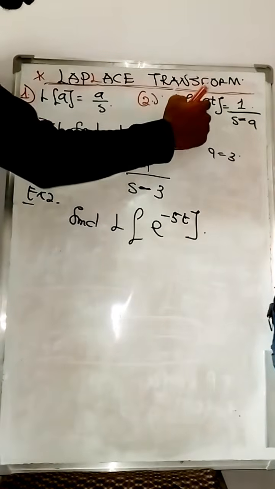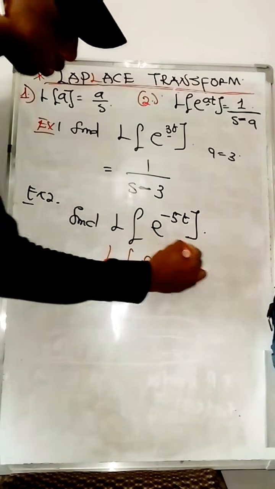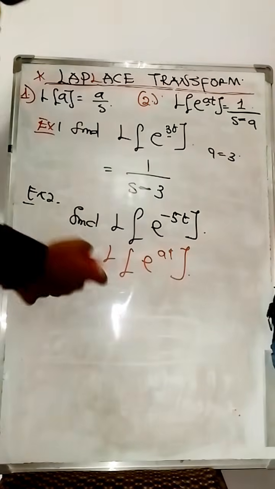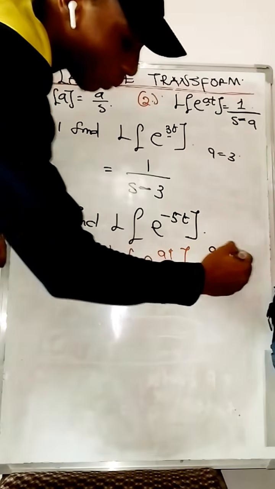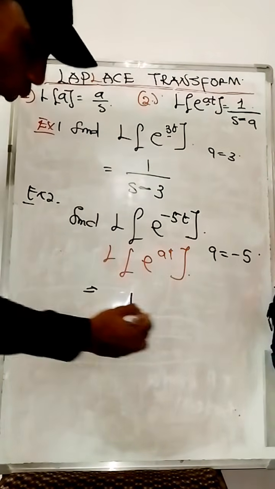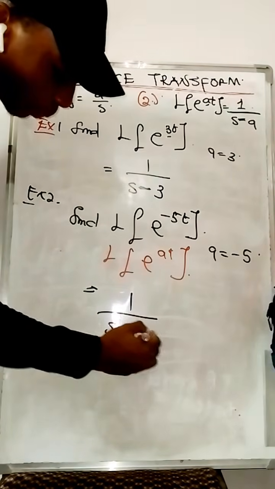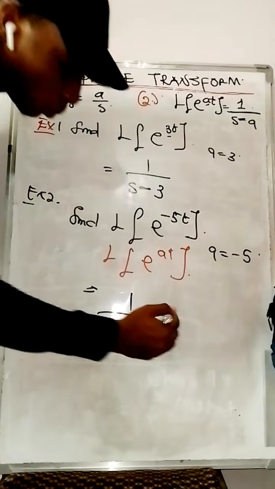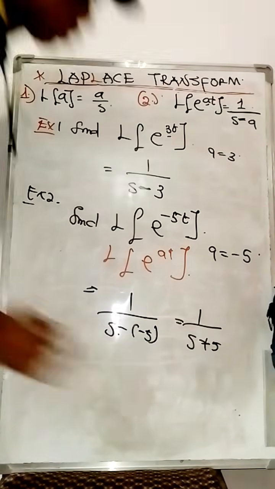Comparing this to this standard expression, we see that a is minus 5, right? So the solution will be equal to 1 divided by s minus, minus 5. So minus minus is plus, so this is equal to 1 divided by s plus 5.